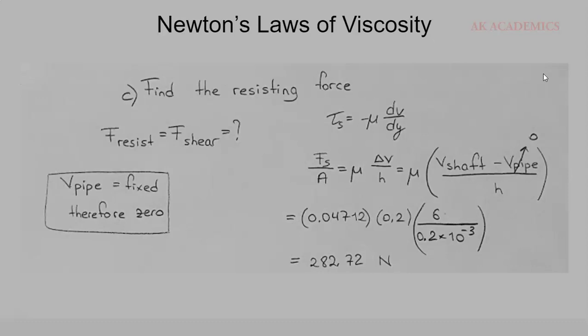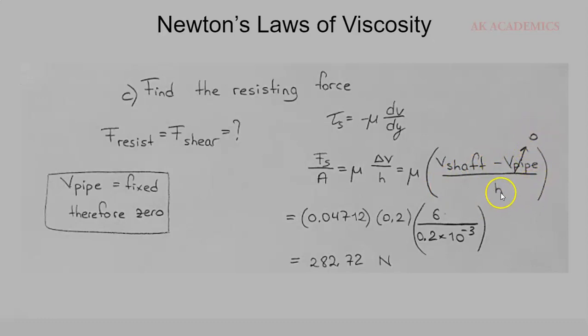And we do know that our shear force over area is equal to viscosity multiplied by delta V over H, which is equal to viscosity multiplied by delta V, which will be V shaft minus V pipe, which is the variable velocity at the top minus the velocity at the bottom, which is a fixed velocity. So that's why we have V shaft minus V pipe over H. V pipe is 0, okay, because it is fixed.